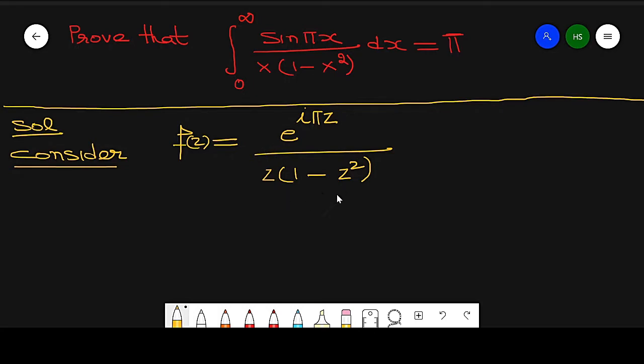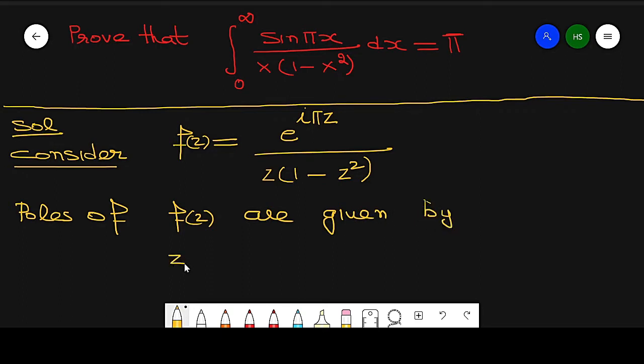Now from this, first step, the poles of function f(z) are given by z into 1 minus z square equal to 0.